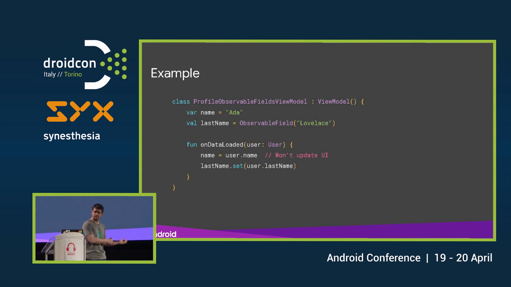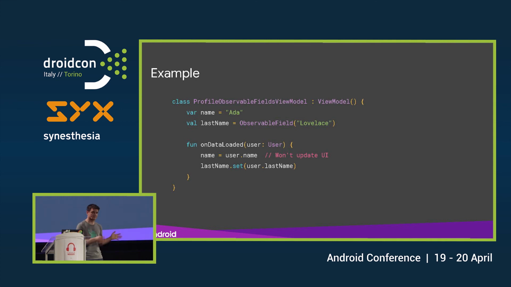Now, when your view model loads new data, it's assigning the new value to the name variable, but data binding has no idea that this happened. So it needs a way to know that there's something to update in the UI. If we use observable fields, that set method is going to call all the observers and tell them that something changed.